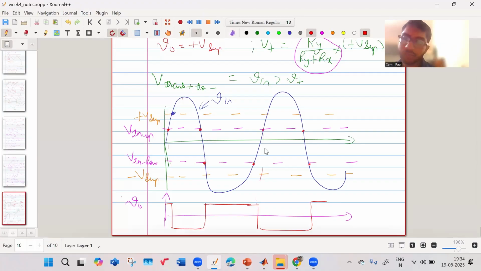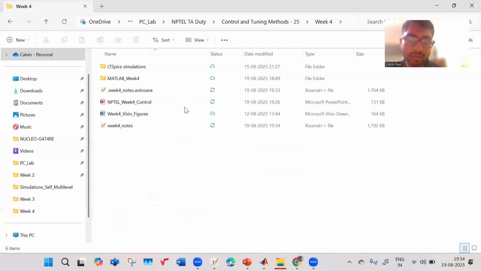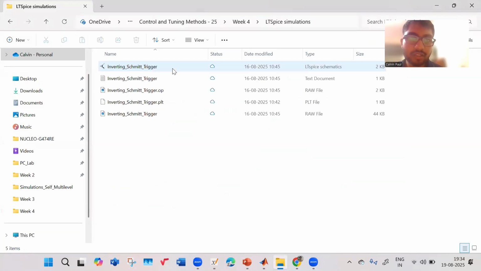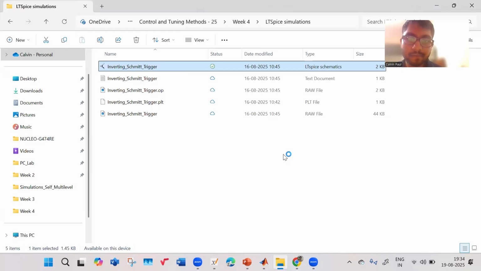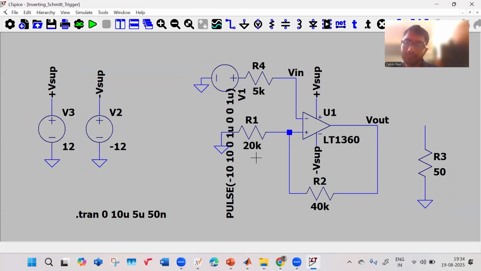So, this is difficult to understand. Let me open a simulation. That will be easier. So this one I have simulated in LTSpice. Okay, this is LTSpice, right?